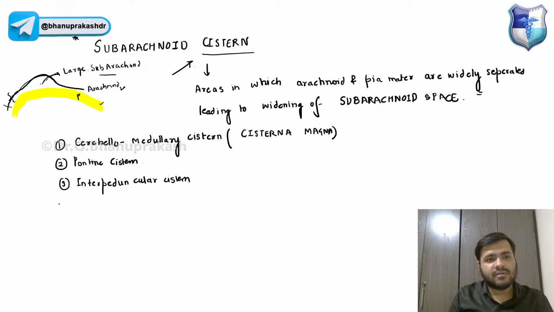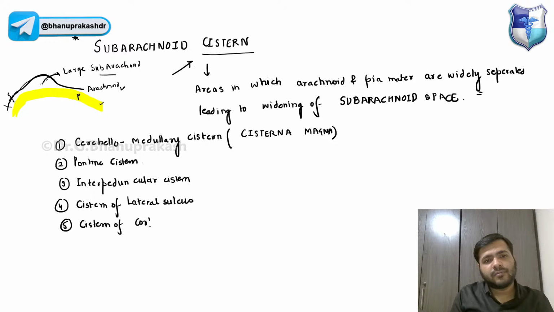We have the cistern of the lateral sulcus. We have the cistern of the corpus callosum. We have the cistern of the great cerebral vein.